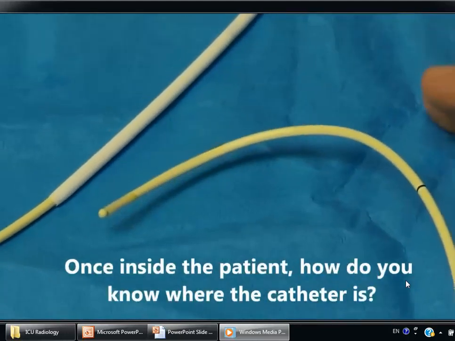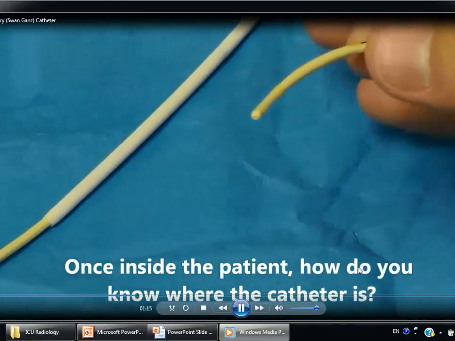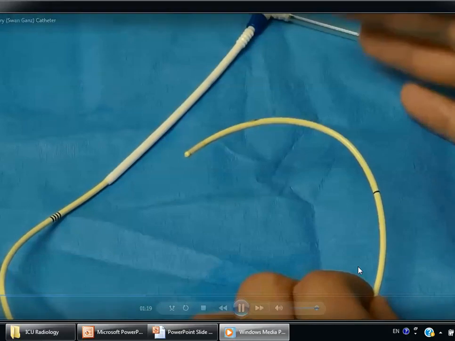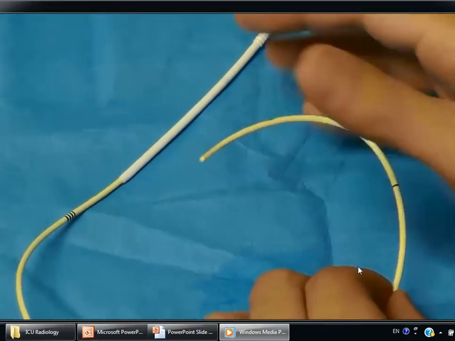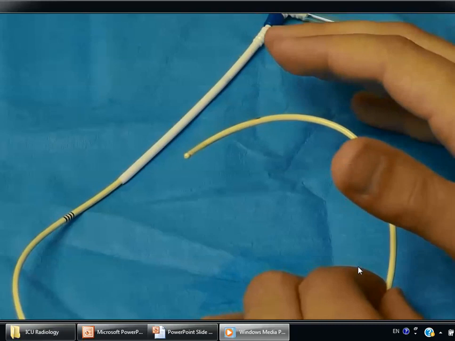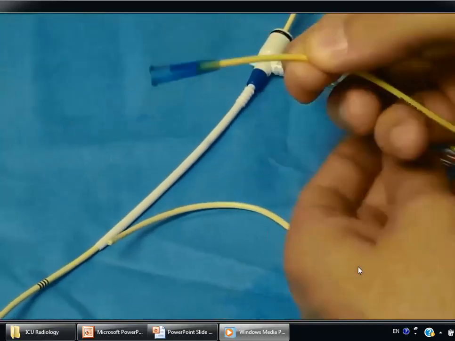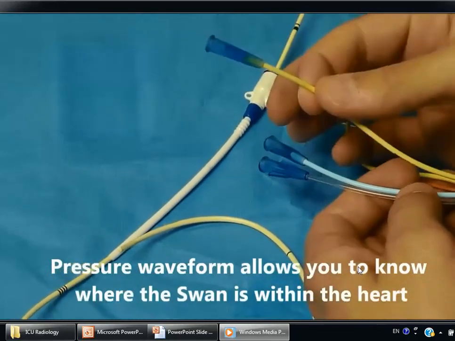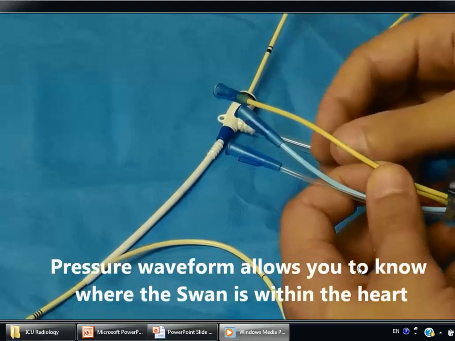The second question that you may have is, how are you going to know whether this is truly in the pulmonary artery or whether it's coiled up? In other words, how do you know how far to advance this before stopping? And the answer there is that before starting, you simply will hook up your Swan-Ganz catheter up here to a transducer tubing, and then you're going to have to watch how the waveform changes as the Swan is guided through the heart.